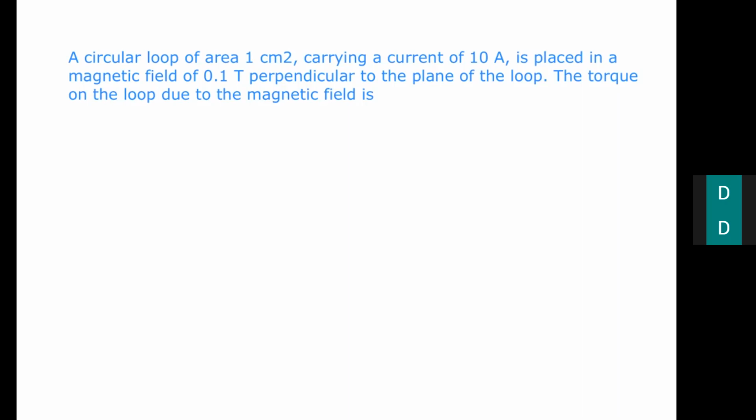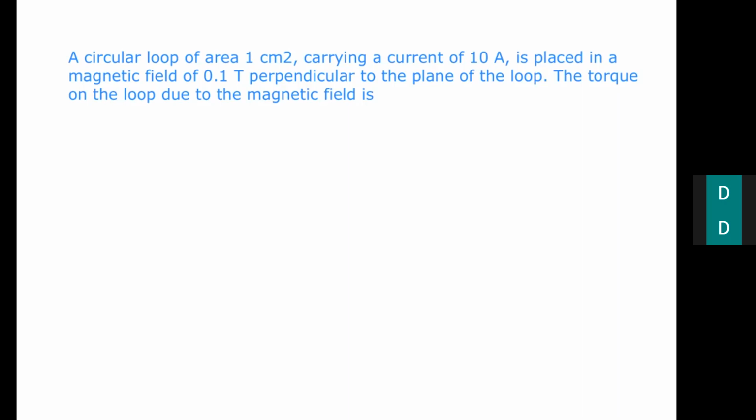So in such a case the torque experienced is going to be zero, since the net torque on the loop is zero, because the forces will be in the opposite direction.